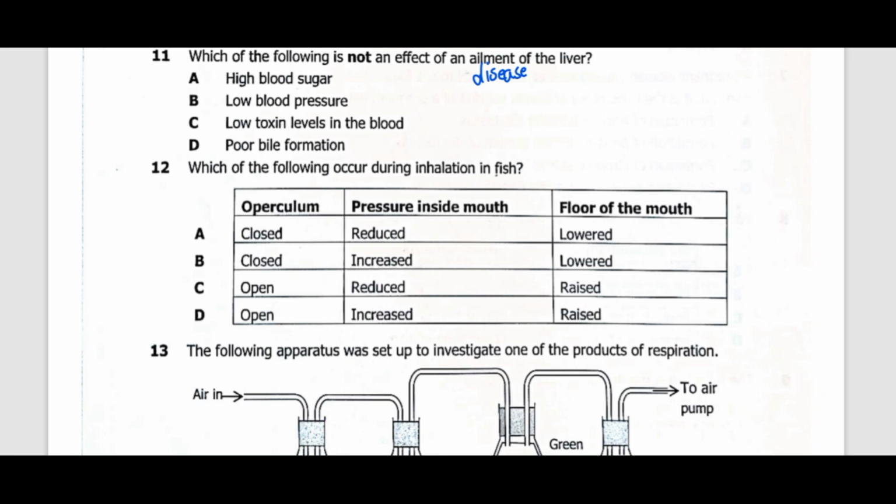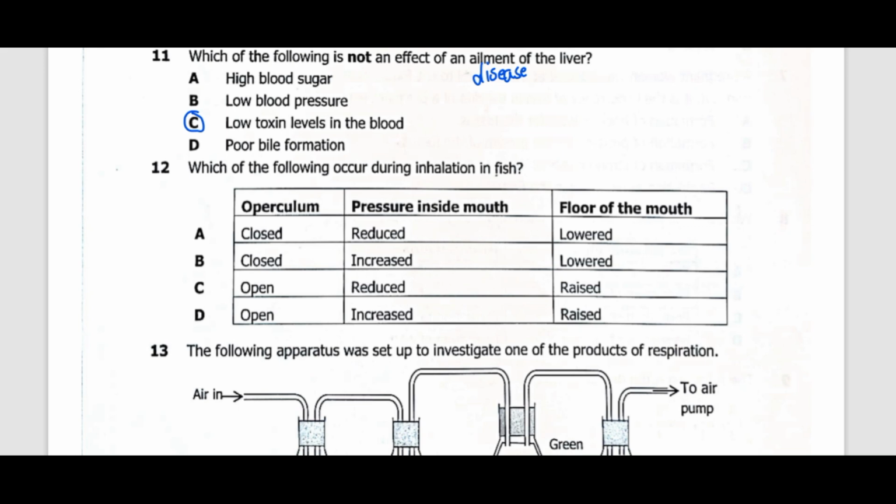Low toxin levels in the blood, this is not an effect, because whenever we have an ailment, we are expecting to have high toxin levels. One of the functions of the liver is to make toxins become less toxic. So if the liver is not functioning properly, we are expecting to have high, not low.